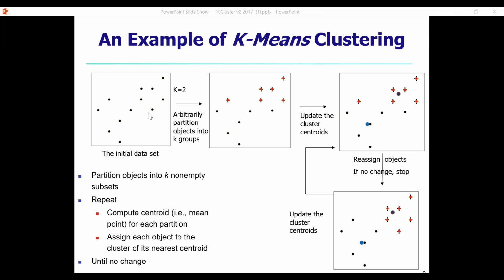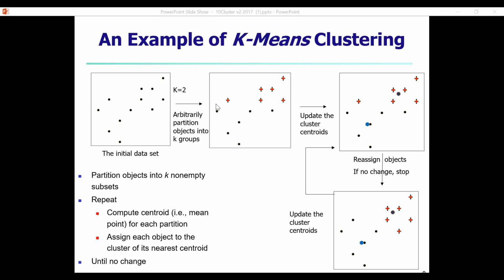So when you have no idea what to do, guess what? The idea is to do something. The idea is to arbitrarily, and this is an important word, arbitrarily partition objects into k groups. In this example, let's just make two groups. Since we don't know which one to choose or how to create groups, we just arbitrarily divide this whole data set into two clusters.